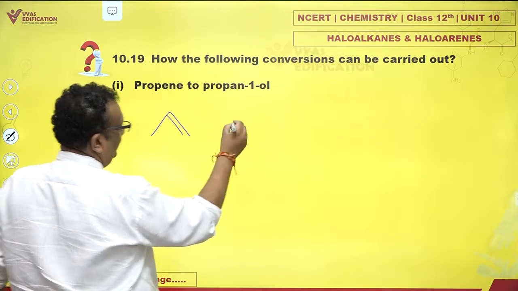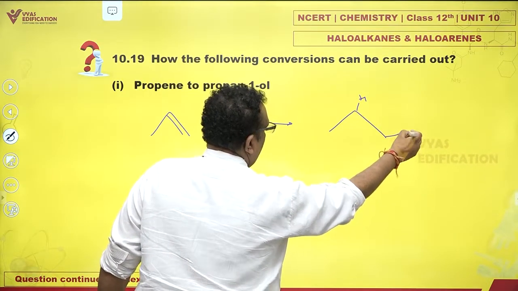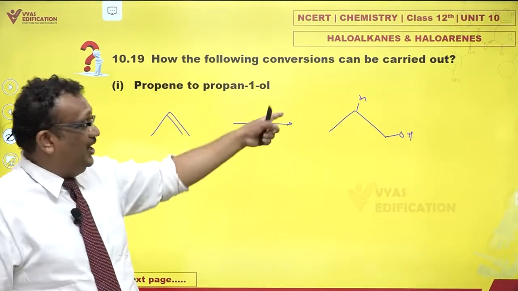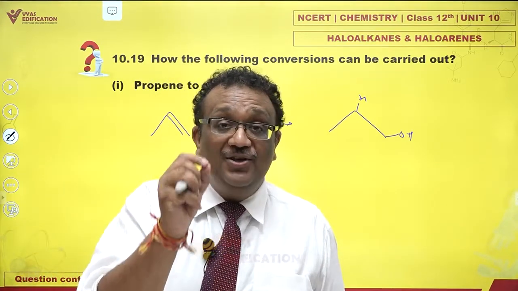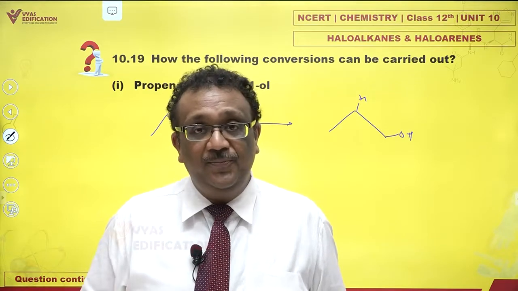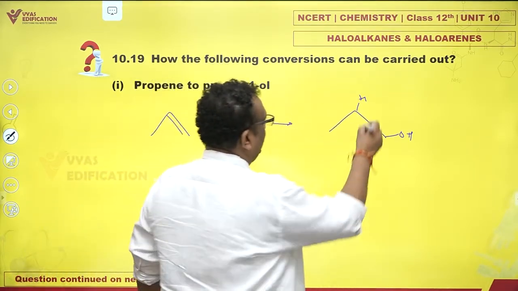Propene, fine. And the moment you want to convert this to propan-1-ol, it means you want to add H and OH. Hydration of alkene means addition of HOH or water. And this, my dears, is anti-Markovnikov addition.